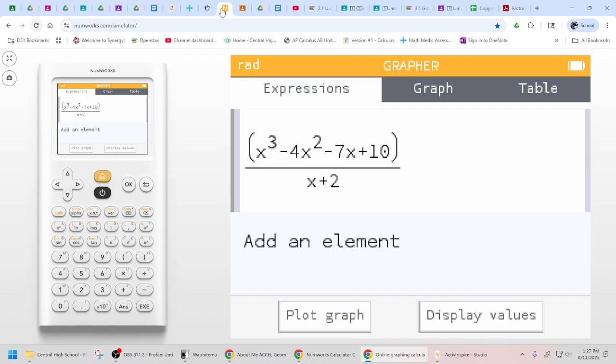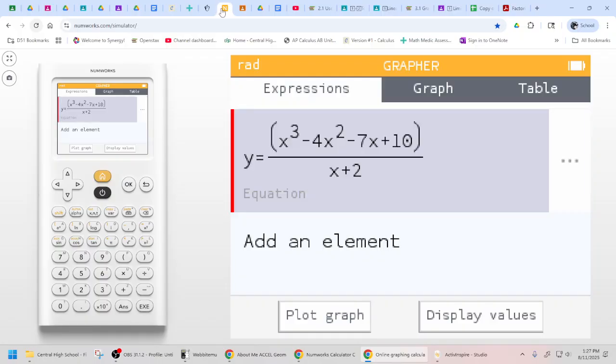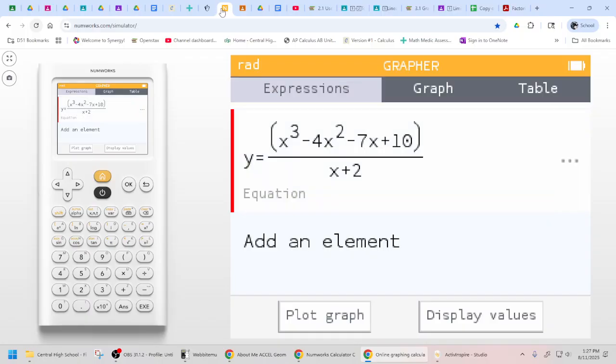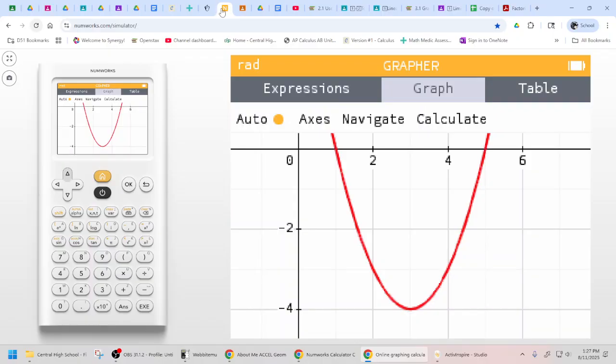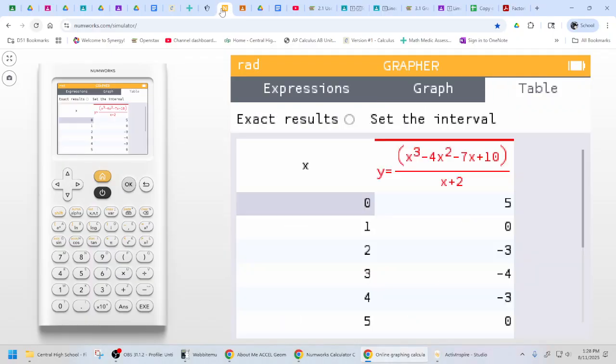Okay, and then EXE, that's short for execute, so it's like enter. So you can hit execute or enter, and now it's locked in there. Arrow up to the top ribbon, expressions, graph, etc. If we wanted to see this graph, there it is. We'll talk graphing some more later, but for now, I'm just going to go over to table.